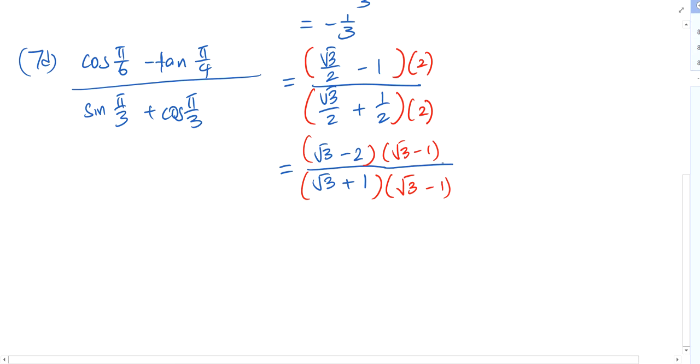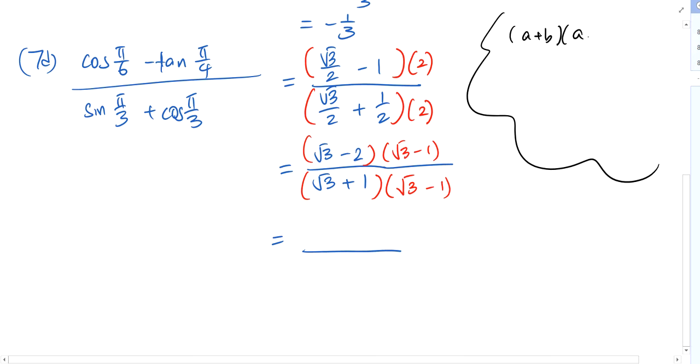Now, the denominator is easy. We've got A plus B, A minus B in the denominator, which is simply A squared minus B squared. And doing so will definitely result in a rational number.